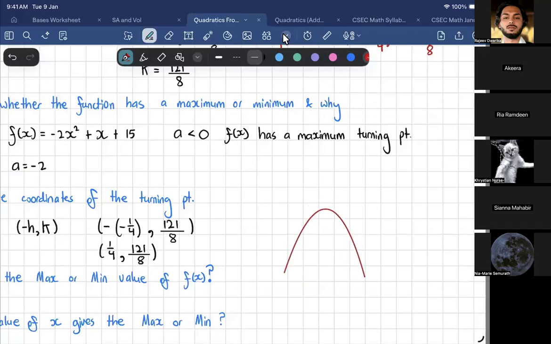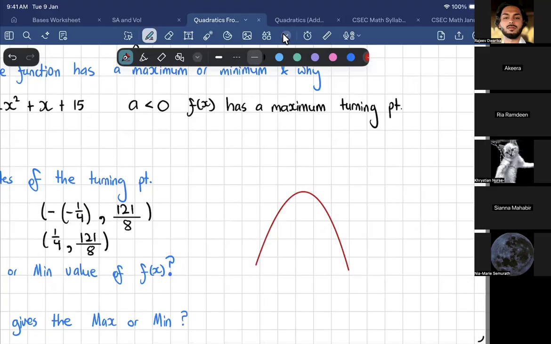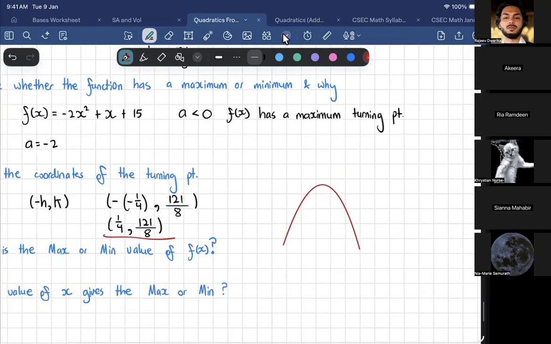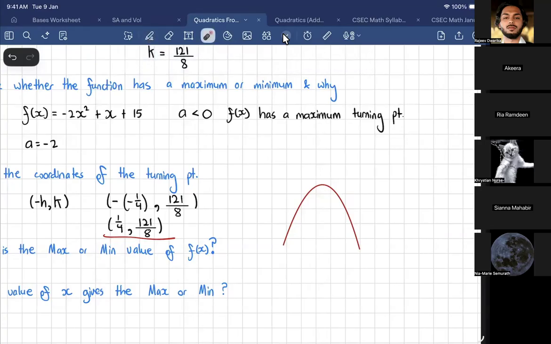Okay, if you are utterly confused, let me just do a little sketch now to show you what is happening. So what we have here is a sketch. Like I said, Ria, a was less than 0. It was negative. If you're negative, you're frowning, right? So the general shape of my quadratic is like so. What we just figured out over here is the turning point, the point at which you change gradient.